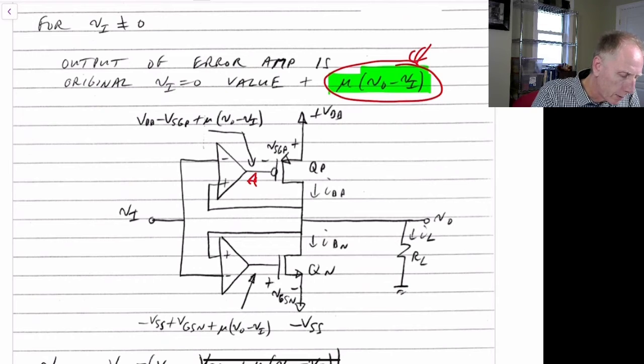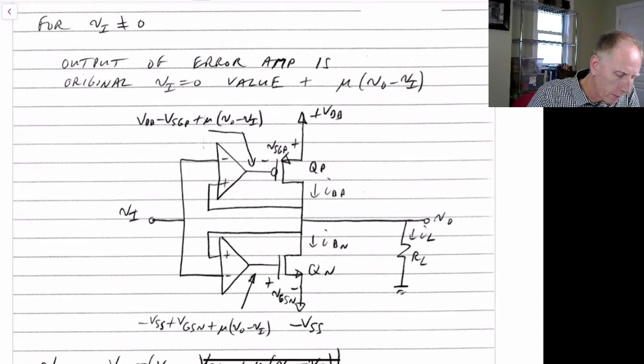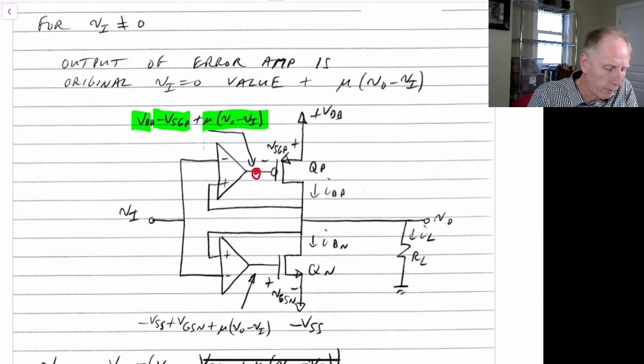So in other words, the new voltage that we see at this location will be the original VDD minus VSGP, which is the bias voltage, plus mu times V out minus VI, because that's the voltage V out minus VI, and this has a gain of mu.